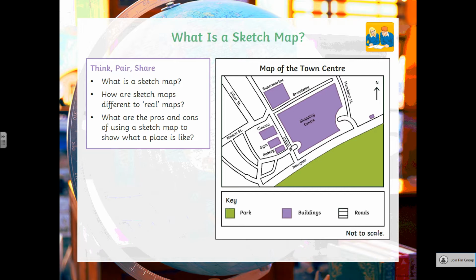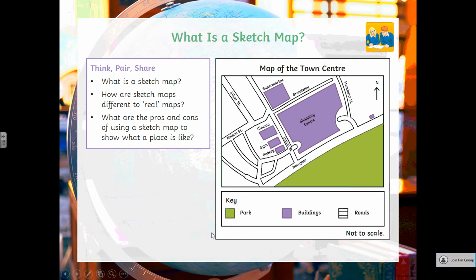It's a map which you sketch, which is another word for draw. So we draw a map. How do you think a sketch map is different to a real map? Well, a sketch map is not as detailed as a real map. It doesn't need absolutely everything on it, just the most important parts.